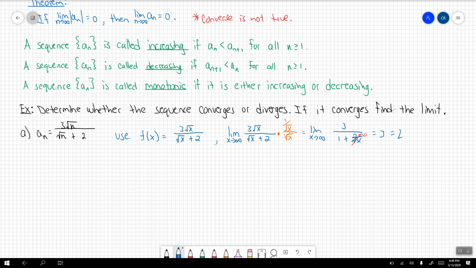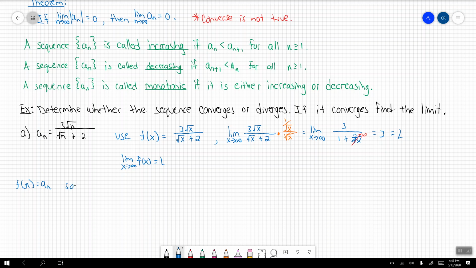So the one thing that we found was that the limit as x tends to infinity for f of x is equal to L. So when we make our substitution and let f of n equal a sub n, then the function that I was initially looking at is going to be equal to 3.